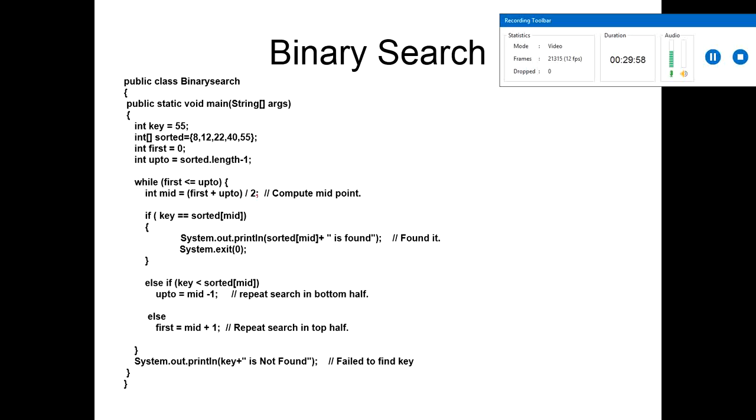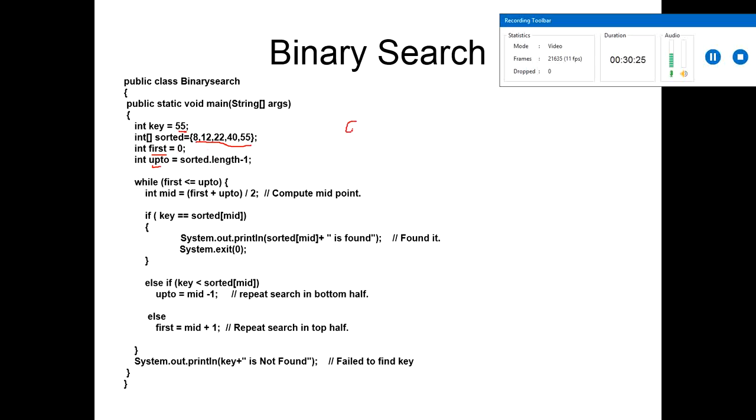Now if you look at the example, the array elements that I have taken are sorted over here, and the key that I want to find is 55. So binary search always requires that your array be sorted. Alright, so I have taken two other variables, first and upto.